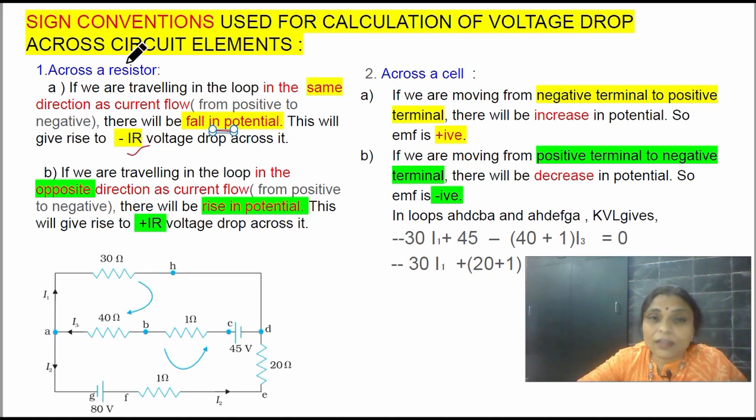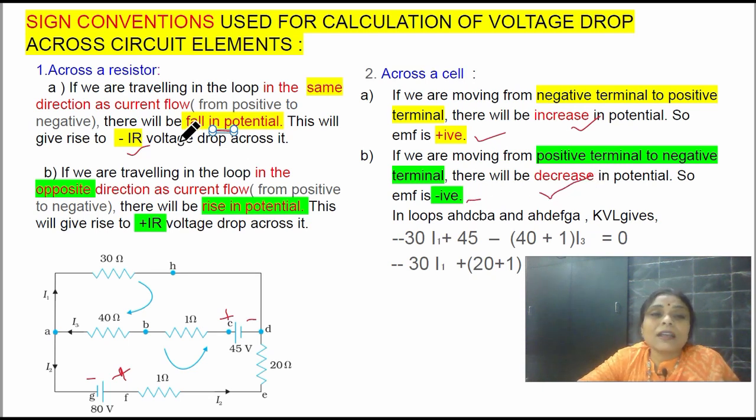This is for a resistor. And across a cell, it's very easy to remember. Cell: negative end to positive end. From negative to positive, the potential always increases and it is positive. And from positive to negative, if you are moving like this, this is the positive end of the battery, this is the negative end, there will be a decrease in potential and it is negative.